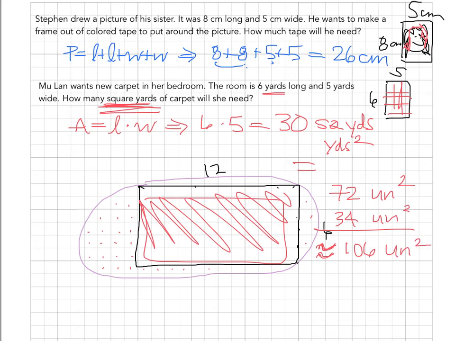Now, we can also do a similar thing with perimeter. And for perimeter, all we have to do is start counting as we go around. So this is 12, 6, so that's 18, 20. 12 plus 6 is going to be 18, plus 12 is 30, plus another 6 is 36.